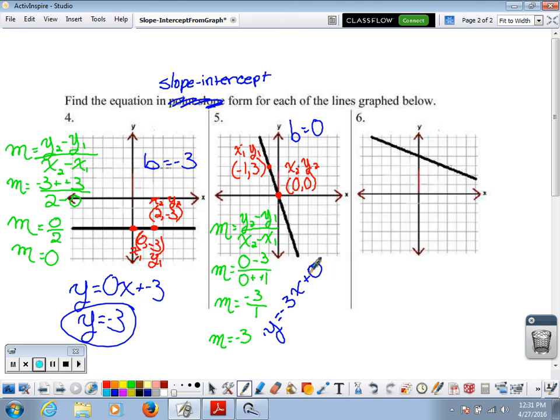But what happens when I add 0? Maddie? It stays the same. So I can simply say here, y equals negative 3x. Now what else can you tell me about this function, about the relationship between x and y? It's very well defined, in fact. y equals negative 3x.